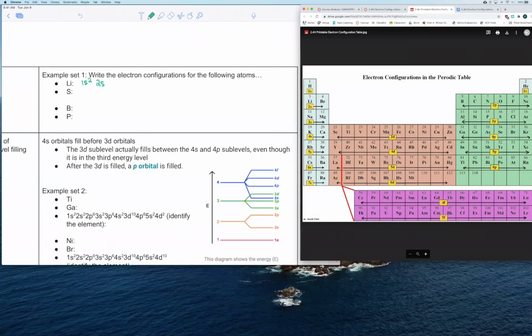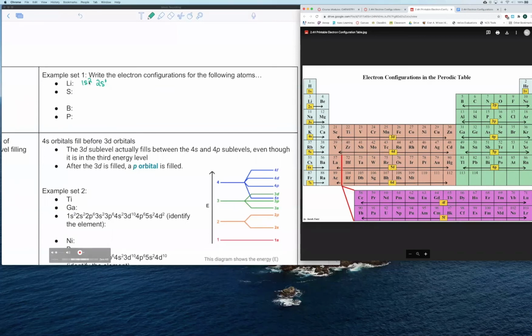And lithium stops right here. So this would be 2s1, and that would pretty much be it. So lithium's electron configuration would be 1s2, 2s1. And then let me draw the Bohr model so you can see what that means.